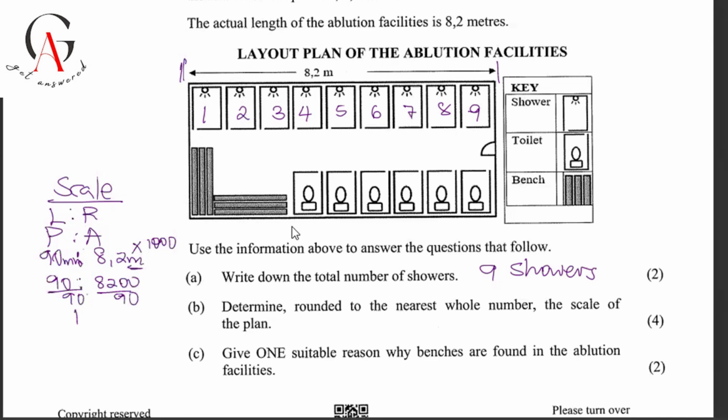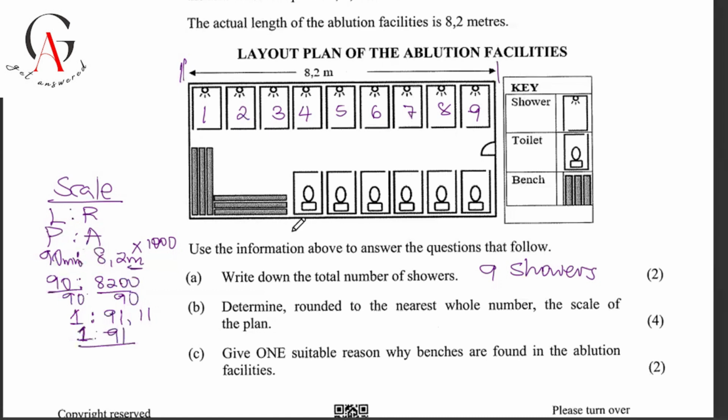So here I remain with 1 is 91.1. Remember, they told me to round off to the nearest whole number, which becomes 1 is to 91. Leave it like that.